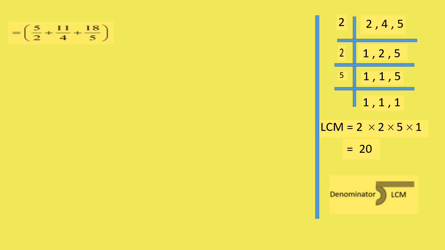Here is our format. Denominator is in place of divisor. LCM should be placed in place of dividend. Okay. So first I'll take the fraction 5 by 2. Here the denominator is 2 and LCM is 20.